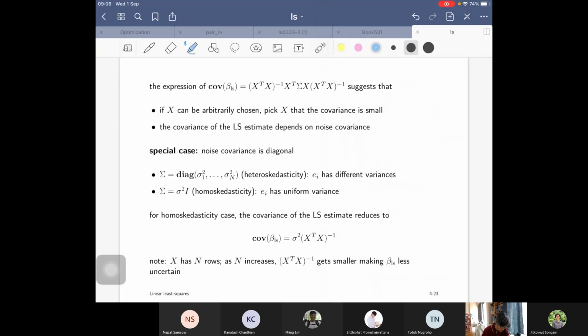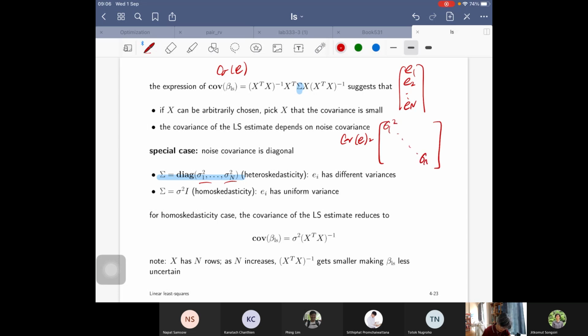Now let's talk about some special cases, when sigma reduces to simpler forms. One special case is that sigma is diagonal, but the diagonal elements are still different. Remember the covariance of e, where e is e1, e2, up to en. So the covariance of e is going to be an n by n matrix, right?